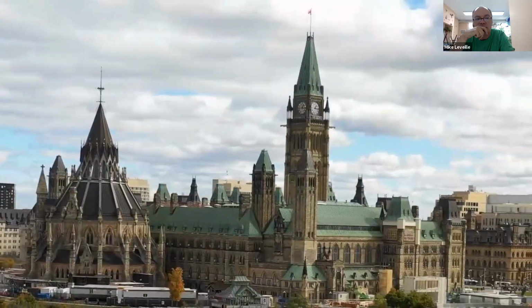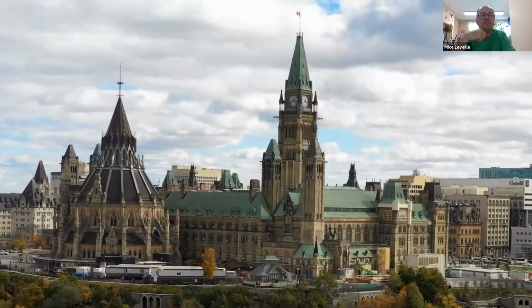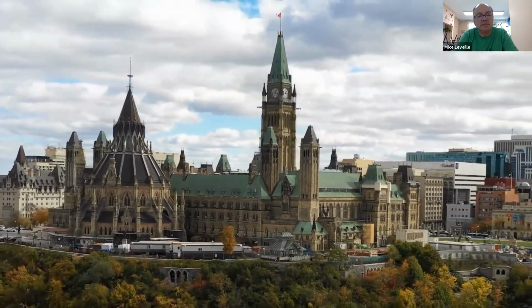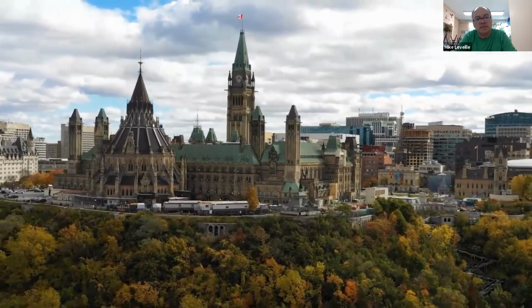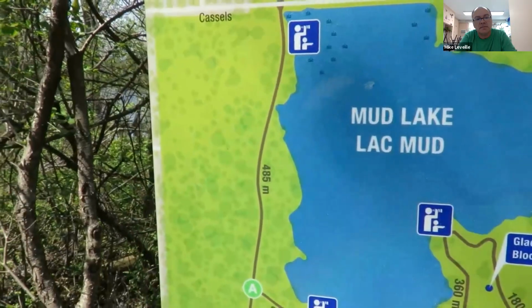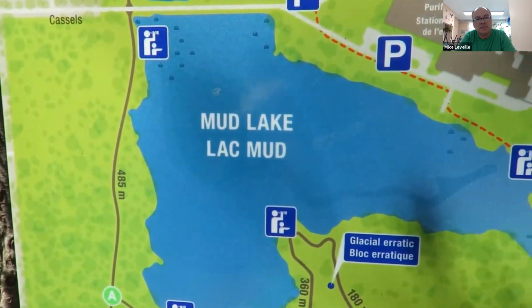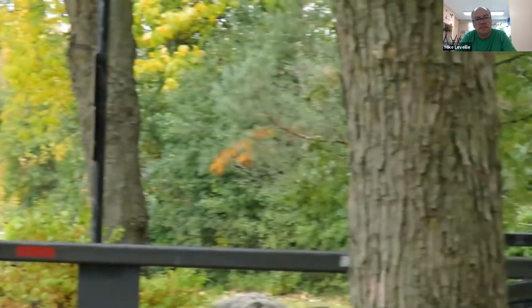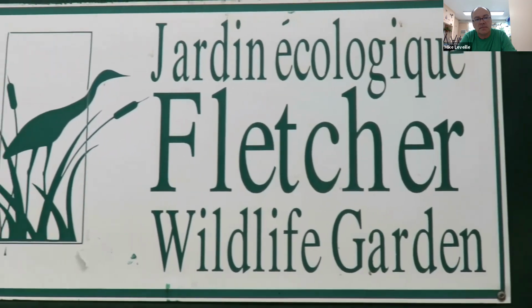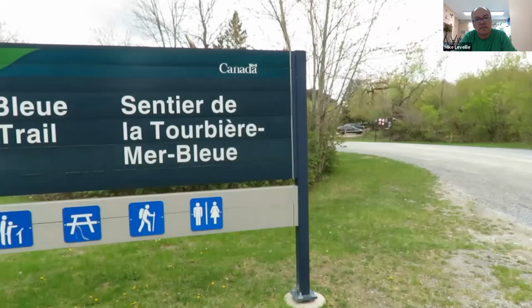The cities of Ottawa and Gatineau would be excellent candidates for UNESCO's Man and the Biosphere program. Ottawa and Gatineau residents are passionate about their green spaces. Mud Lake, Lac Leamy Park, Macoun Marsh, Petrie Island, Fletcher Wildlife Garden, Gatineau Park, and Mer Bleu, to name a few.